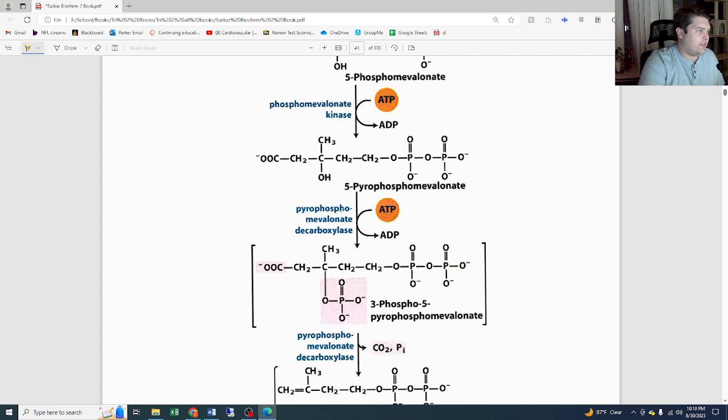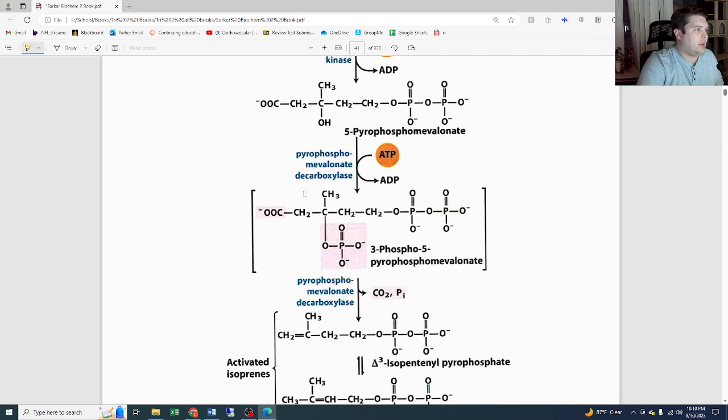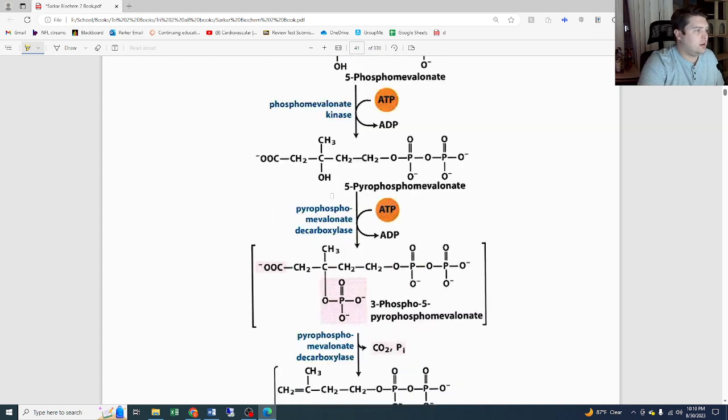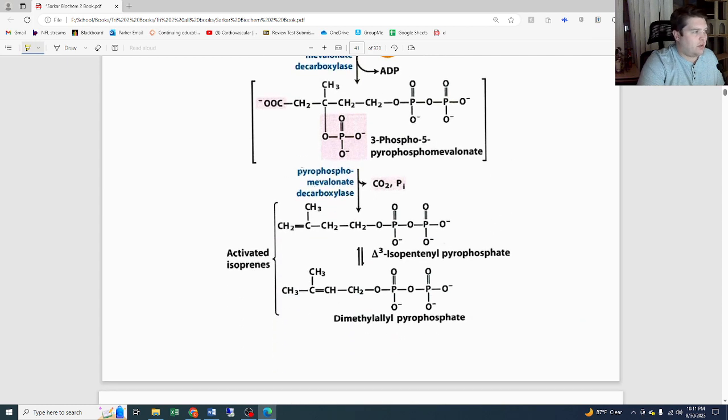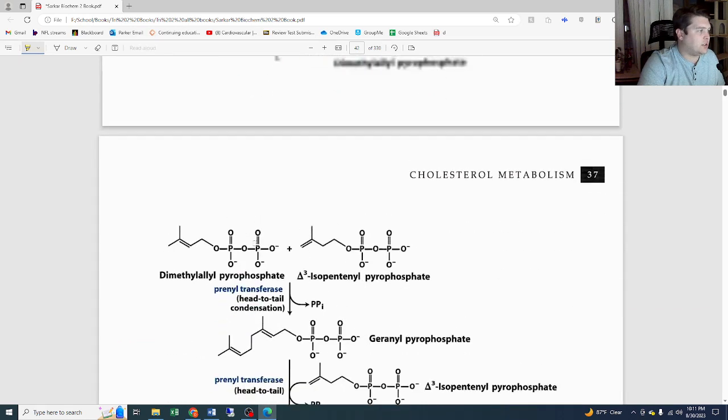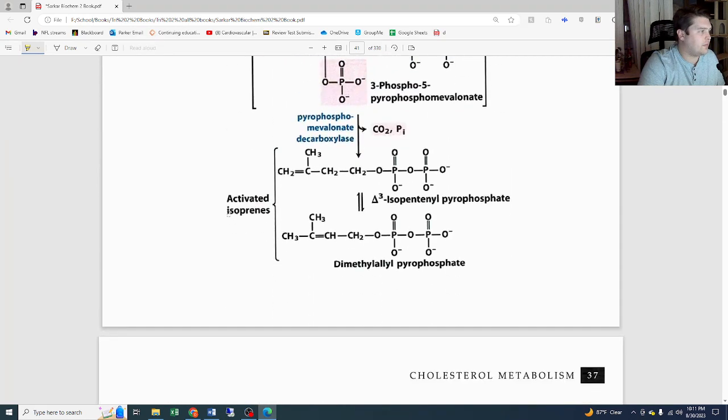And then we have pyrophosphomevalonate decarboxylase. Then we are getting down here to the activated isoprenes. Let me find you a good definition of isoprene, as that's a word that's going to keep getting used.